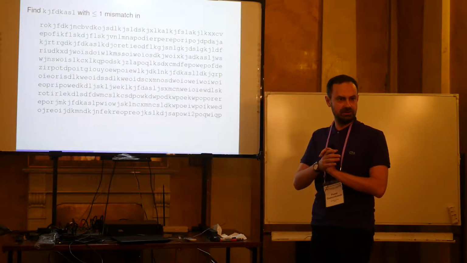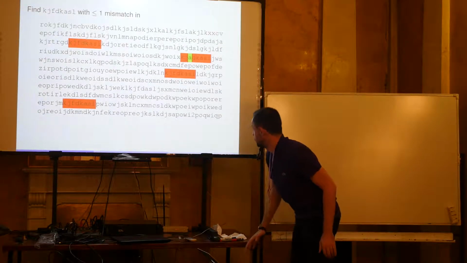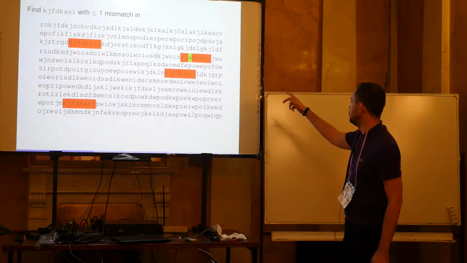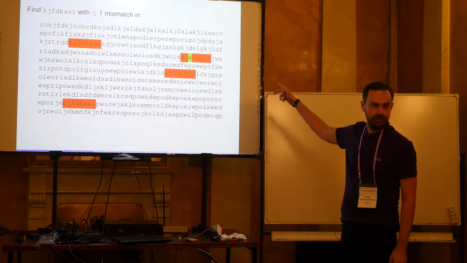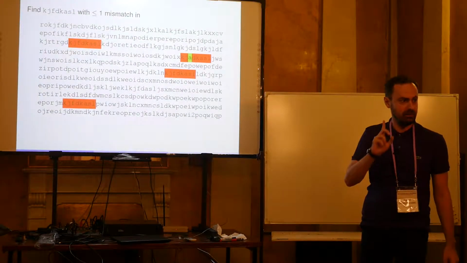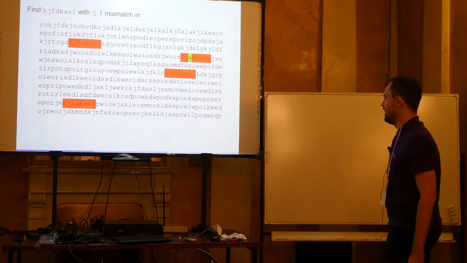Make sense? So again, the same example. With the new definition, we will get this additional occurrence where you have k, j, a instead of f, right? But otherwise, it's the same characters. So we have one more occurrence with at most one mismatch.